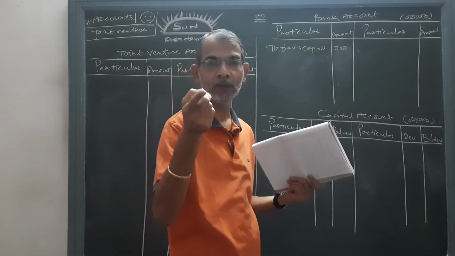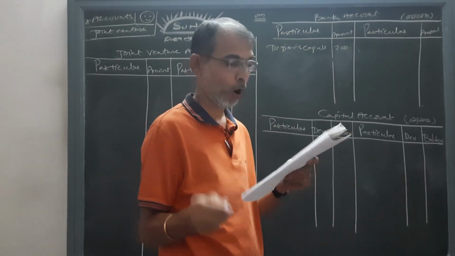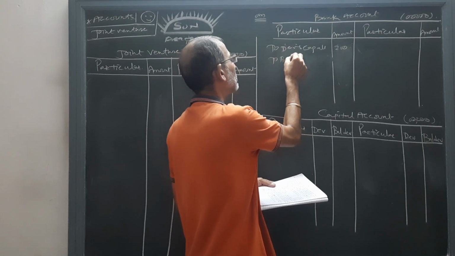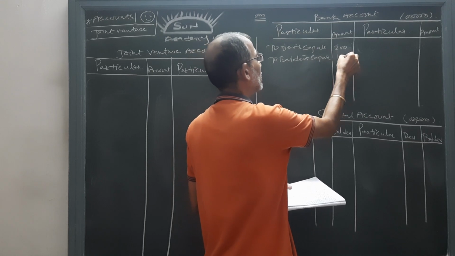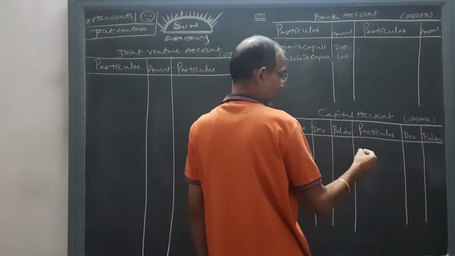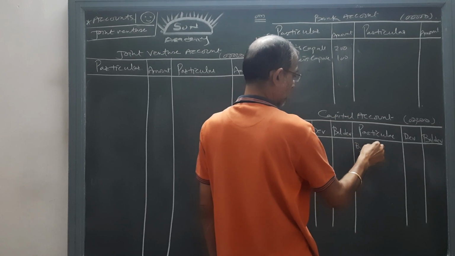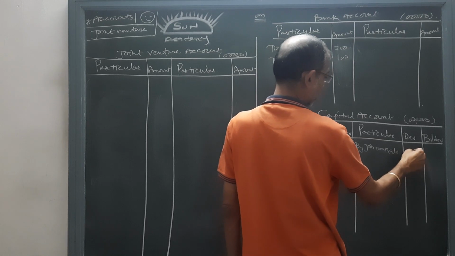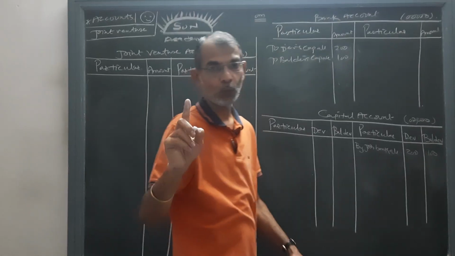Each and every figure will be divided by 1 lakh, which has been kept as a common. And to Baldev's capital account, that is 100. So on the credit side of the capital account, by joint bank account, in the column of Dev 200, while in the column of Baldev 100.